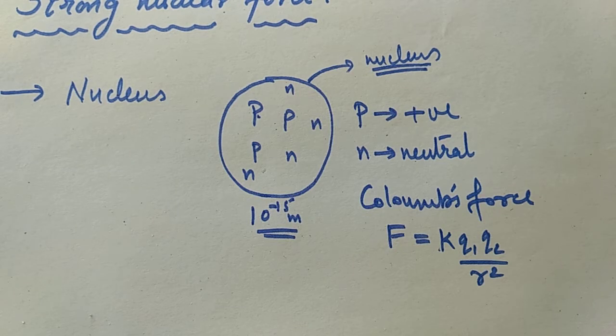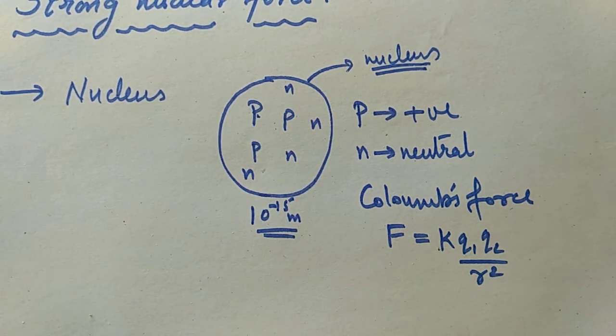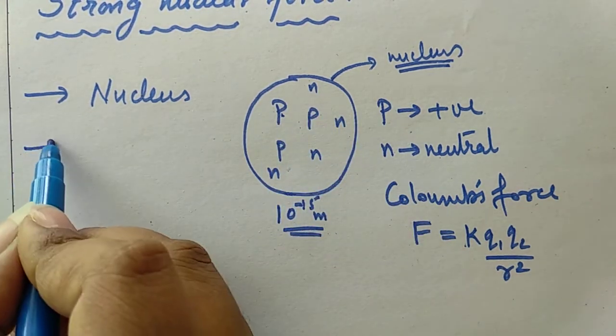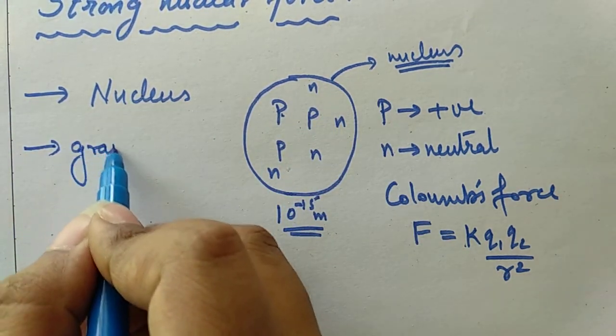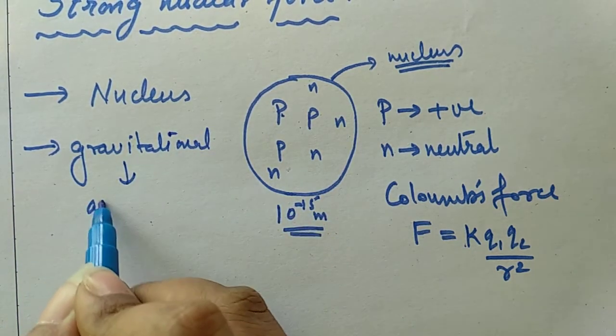Okay, so for this the scientists were thinking about which force is responsible for binding all these protons and neutrons together. First they thought that the force which binds all these particles together is the gravitational force. This was their assumption.